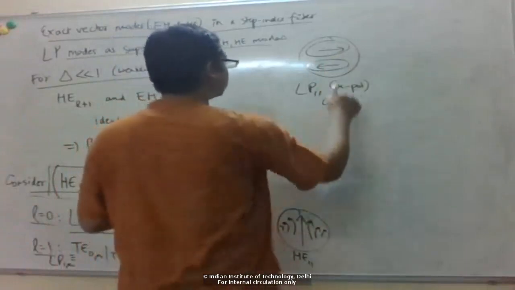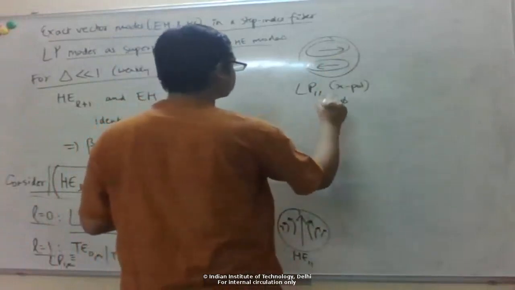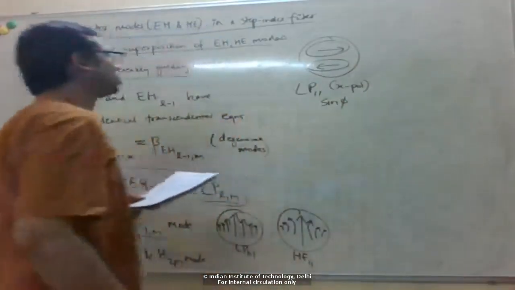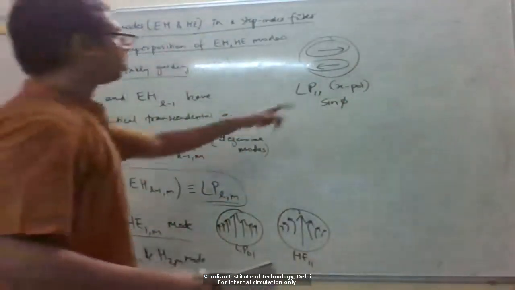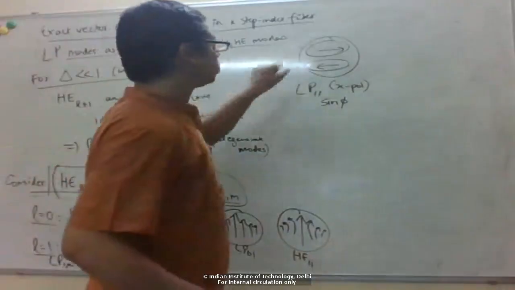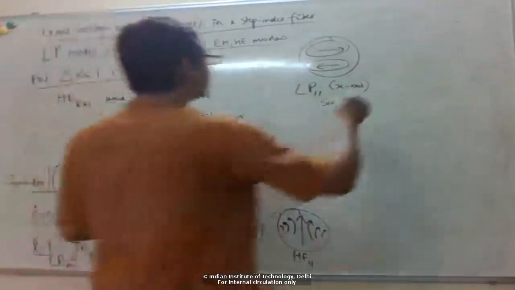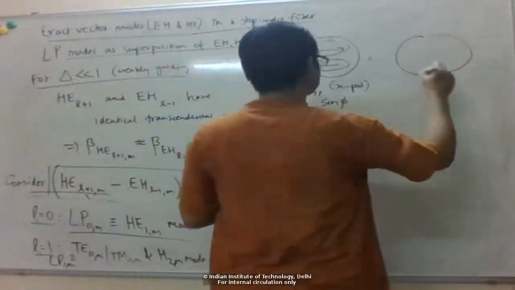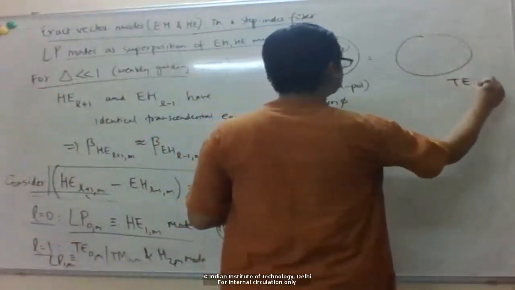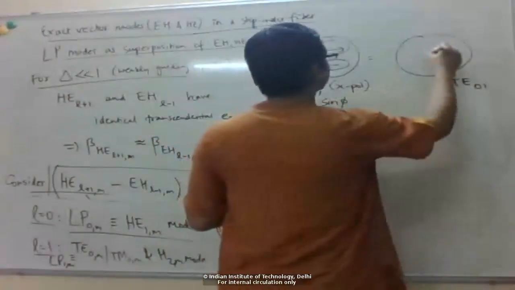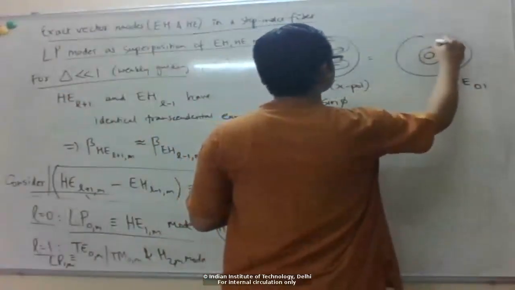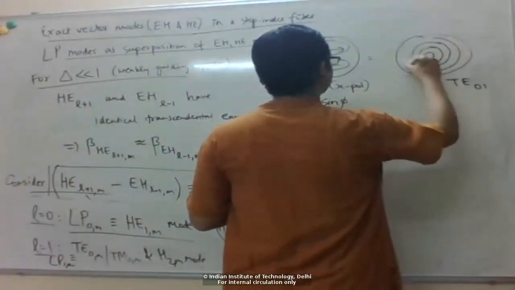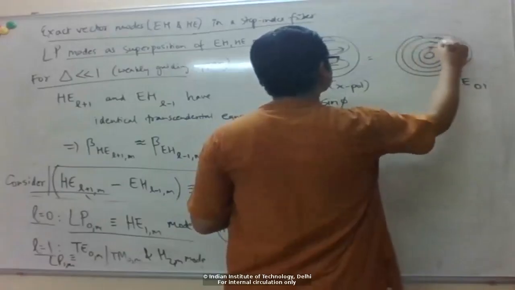Oh, sorry, this is 0 here and here, so this is like sine phi. Right, so this is the X polarized sine phi solution for the LP11 mode. That can be written as a superposition of TE01. Okay, so TE01, recall, had electric field azimuthally polarized.